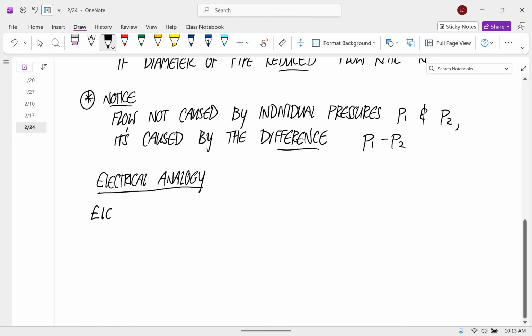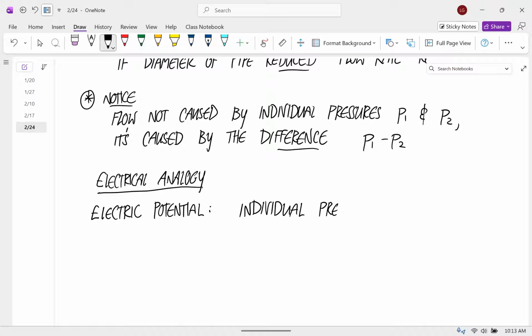Electric potential is the individual pressures, P1 and P2. It's not really a pressure, it's something else, so the units are different.